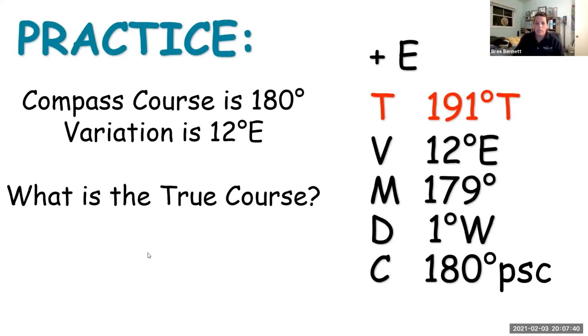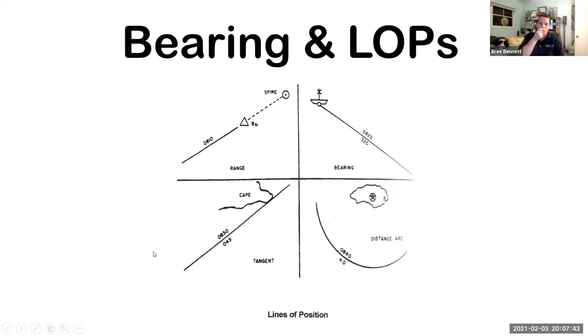Okay, so we're going to briefly talk about getting bearings, because our homework assignment covers it. Week 5, we dive deep into bearings and LOPs and what they are, so we're just going to introduce them right now.